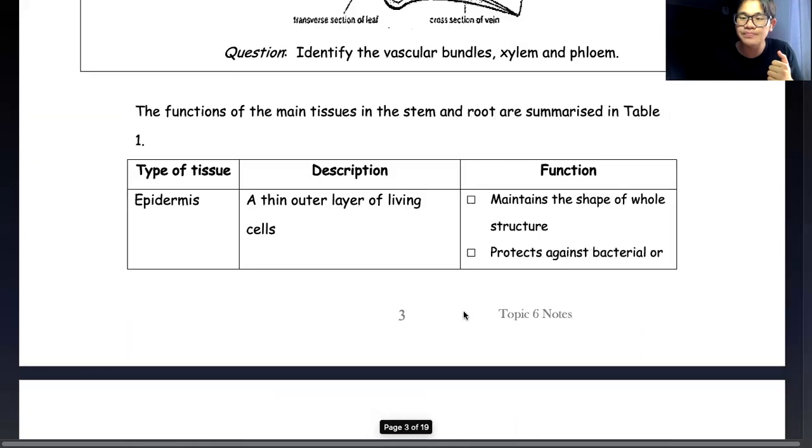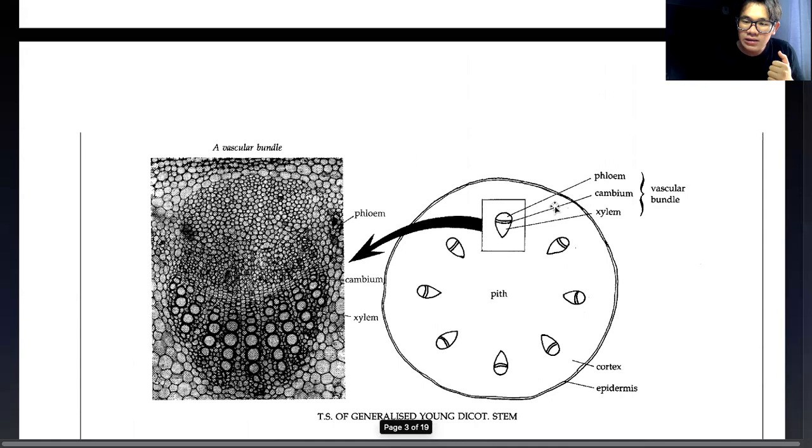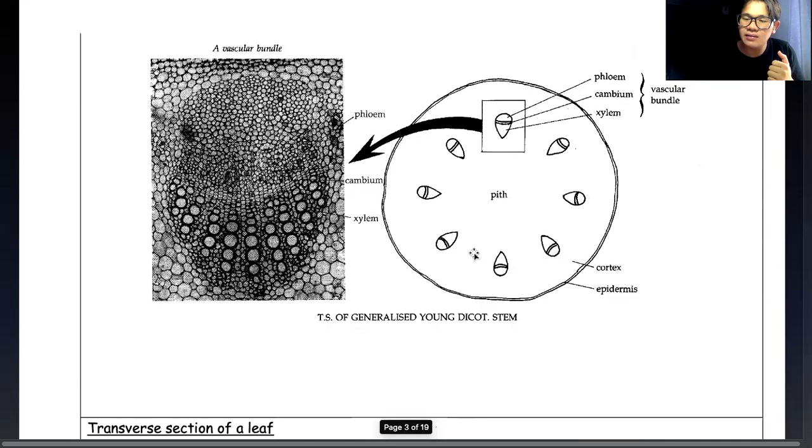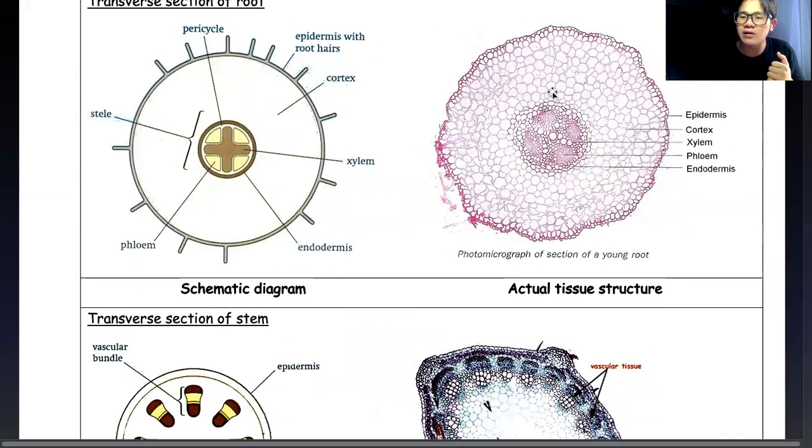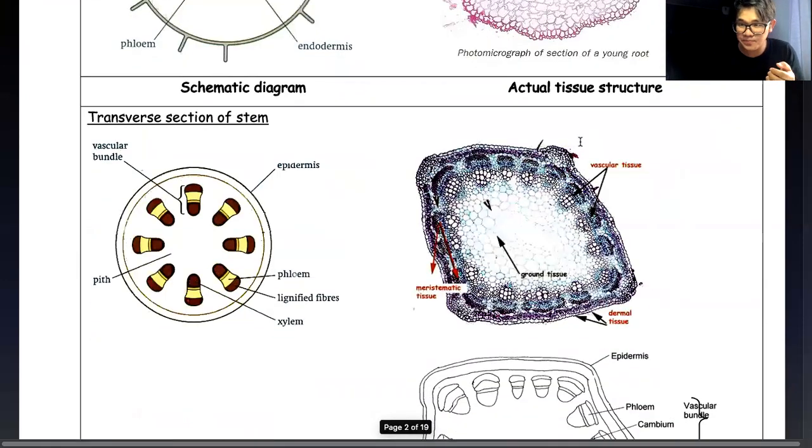Because the cells are relatively large with thin walls, artinya senang air or minerals dari luar untuk masuk. So they can easily pass through and enter the xylem, the vascular bundles. That's what it means.